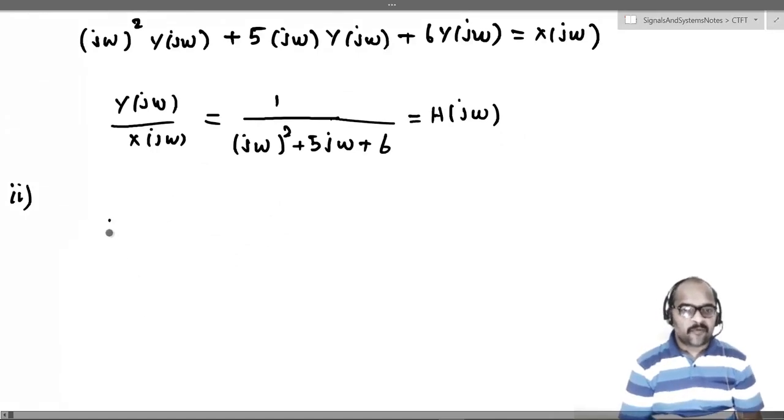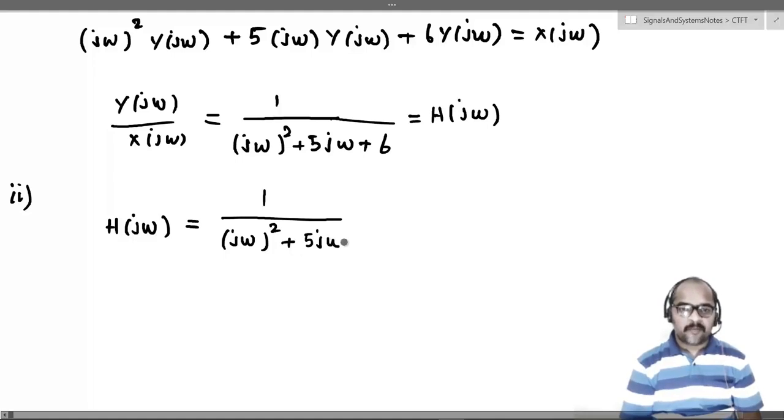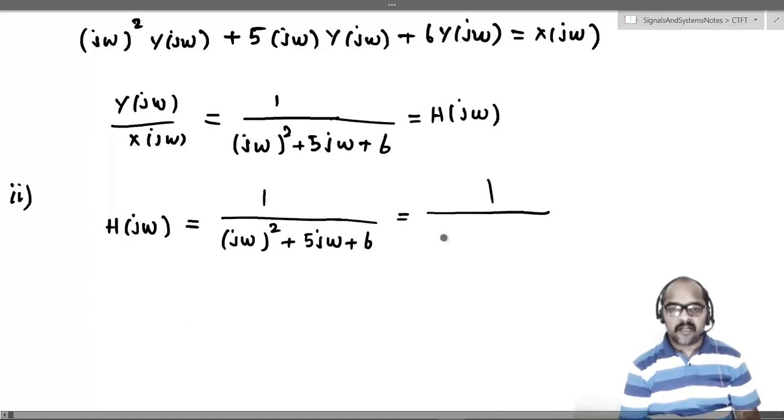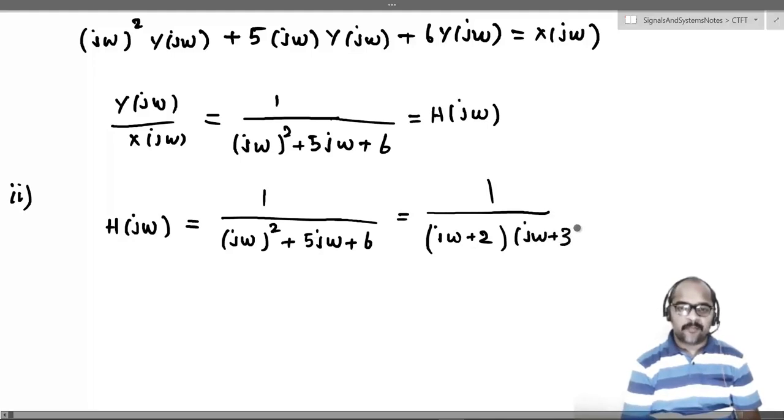Before we go into that, let us do the partial fraction expansion of H of j omega. H of j omega is 1 by (j omega) whole square plus 5 j omega plus 6. If you factorize the denominator, you get 1 by (j omega plus 2) multiplied with (j omega plus 3). That's easy to find out.